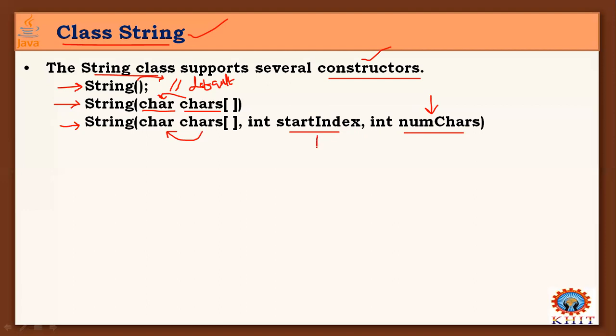So this third constructor takes one character array object and two integer values. The first integer value specifies the starting index, where to start, and the second specifies how many characters we can read from the array. This type of constructor is mainly used in string declarations.